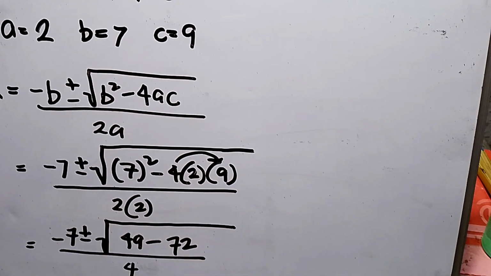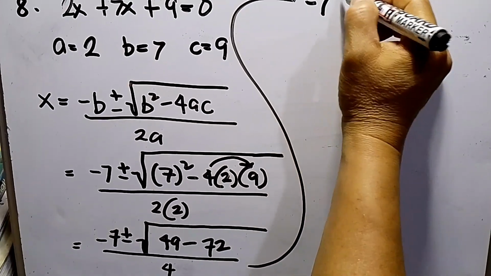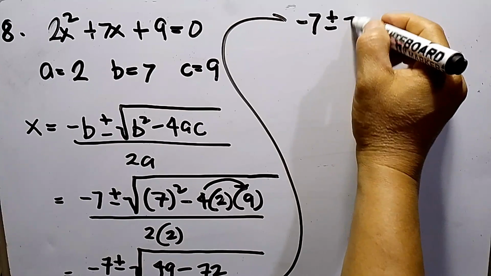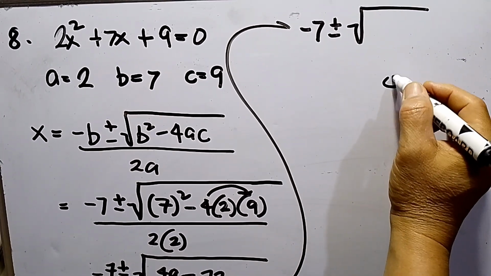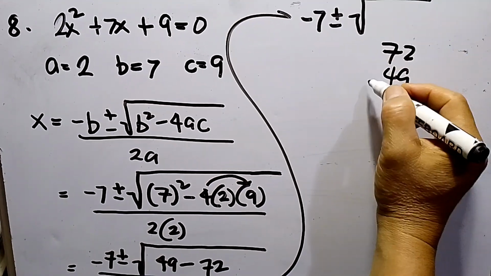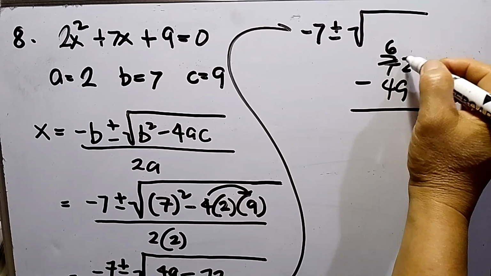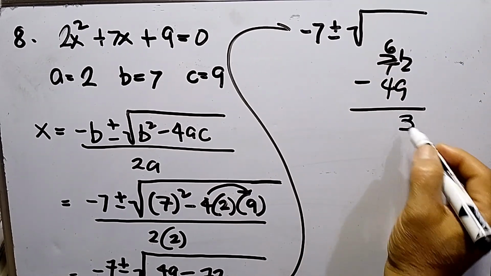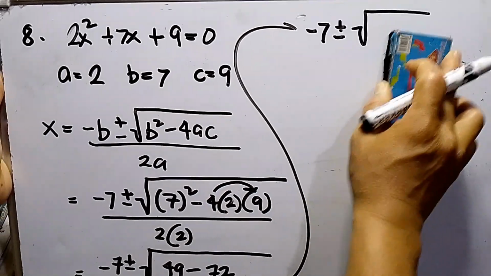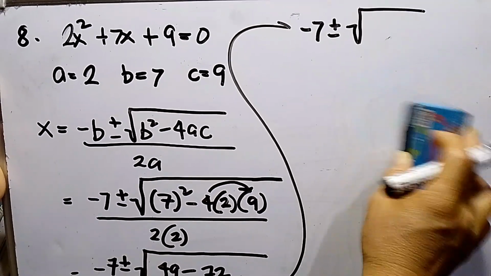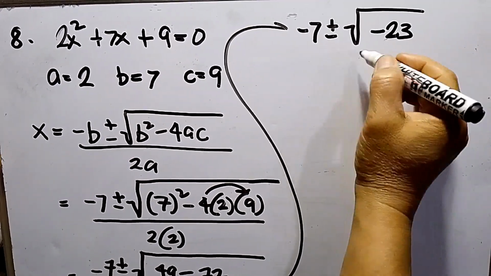So I can have negative 7 plus and minus square root of 49 minus 72. So 49 minus 72 is negative 23. Negative 23 all over 4.